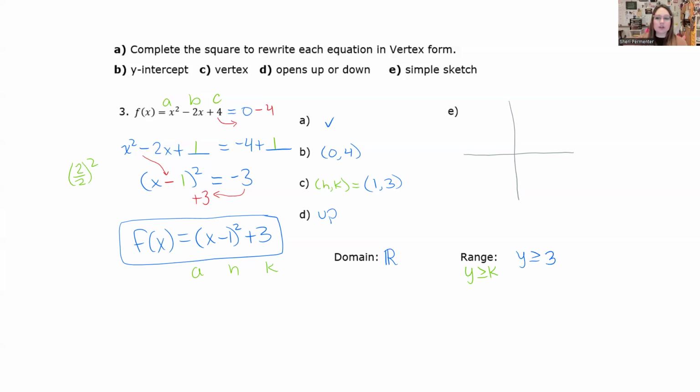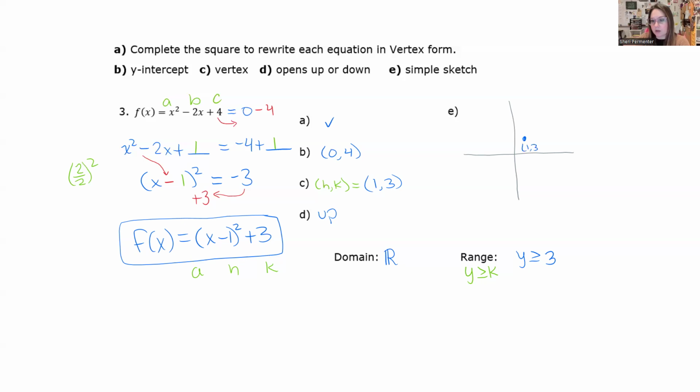What I want to see on your graph is that you can plot the y-intercept. It's going to be at 4. And then my vertex is at 1, 3. I'm just going to estimate. I could go over 1 and up 3 and put a point, I'll put it right there, and I'm going to even label it.